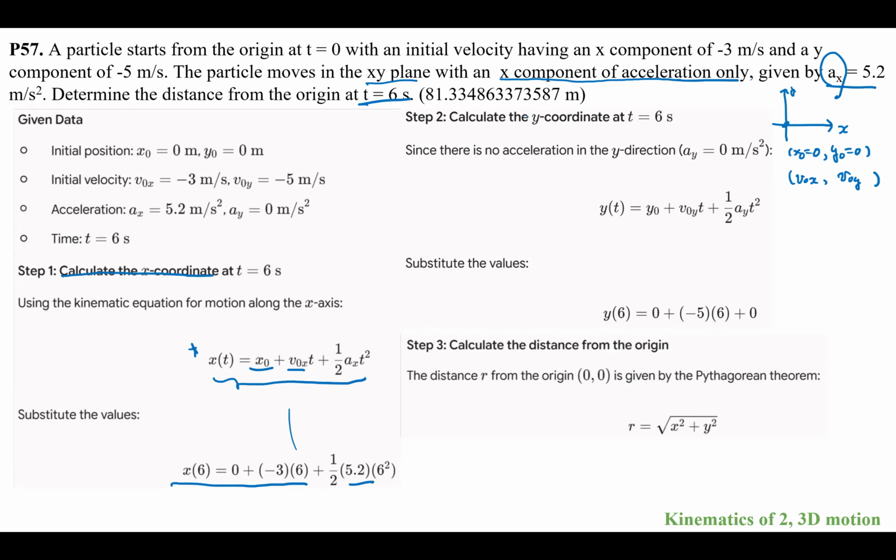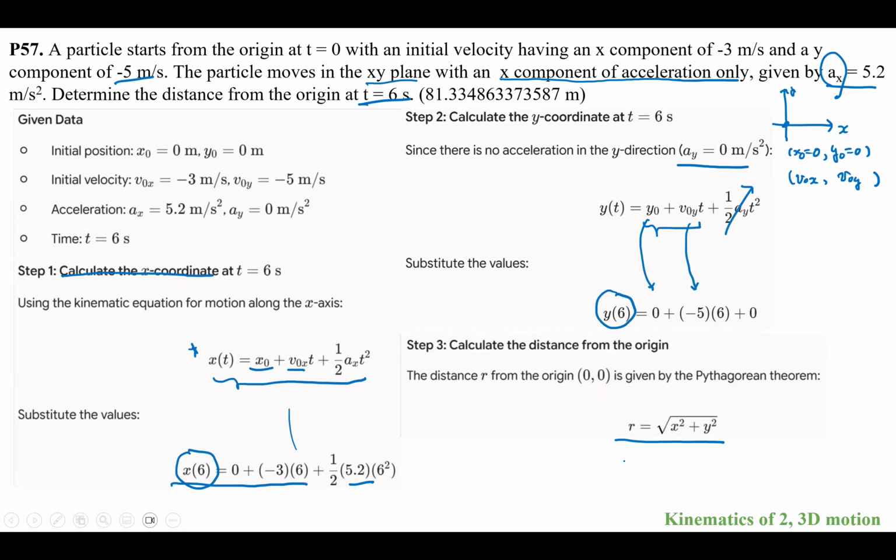And then along the y coordinate, we have said that there's no acceleration, so we have only these two terms. y0 is given as 0, and v0y is given as minus 5 meters per second. Okay, so we just put it here, and then we have the x and y coordinates. And then the distance from the origin is given by this magnitude equation.